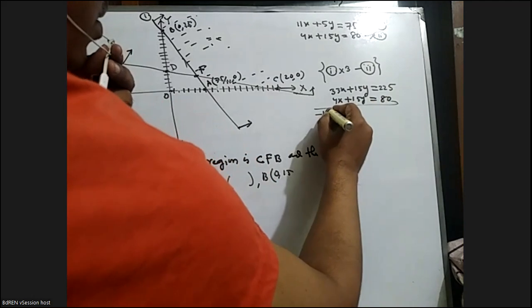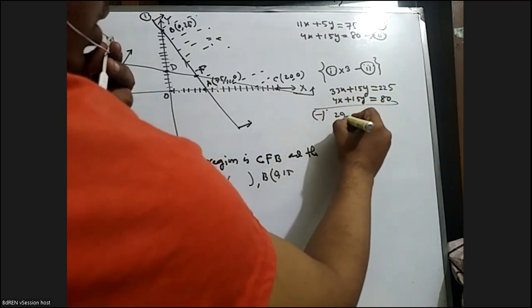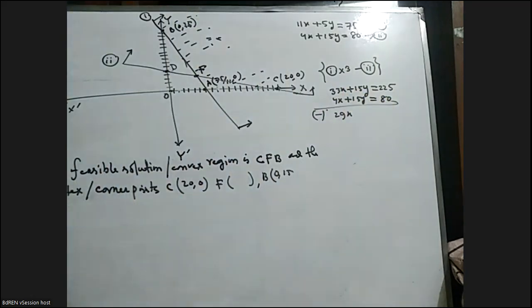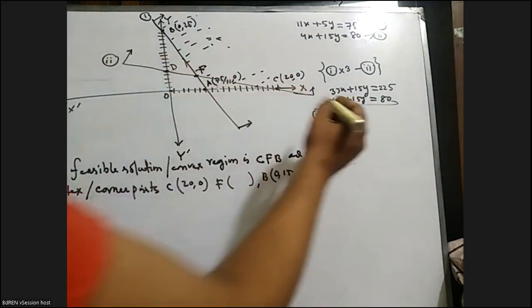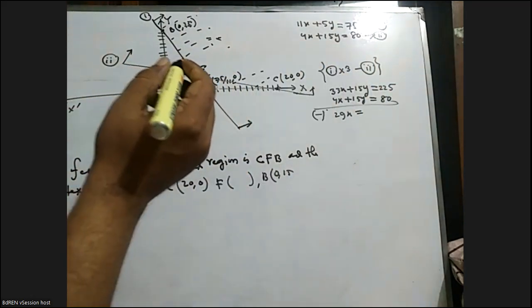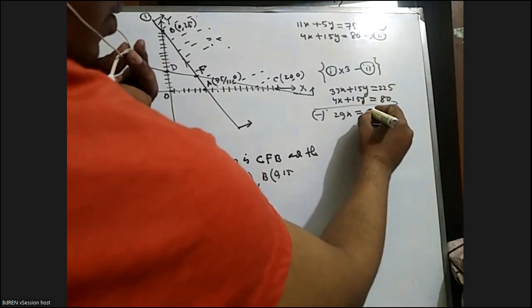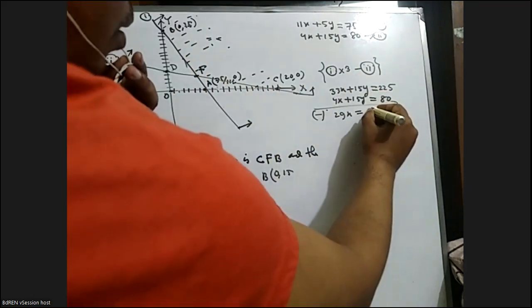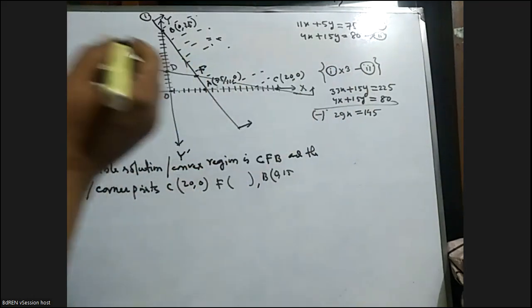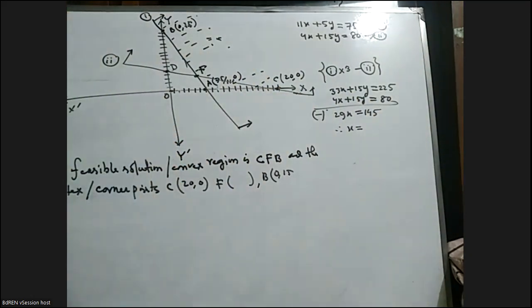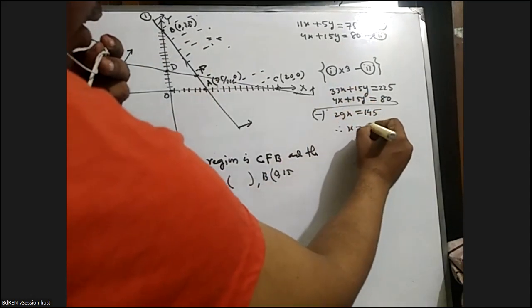Now subtracting, we get 29x equals 145. Therefore, x equals 145 divided by 29, which is 5.